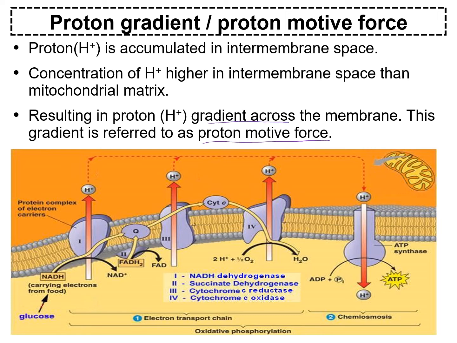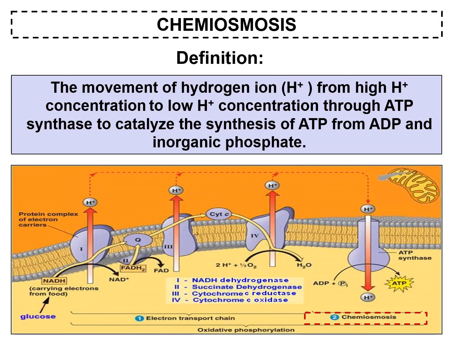So the proton motive force will induce chemiosmosis to occur. So what is chemiosmosis? It is the movement of hydrogen ion from high hydrogen ion concentration to low hydrogen ion concentration through an enzyme named ATP synthase to catalyze the synthesis of ATP from ADP and inorganic phosphate.